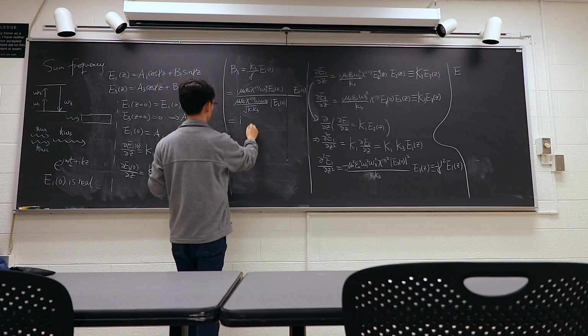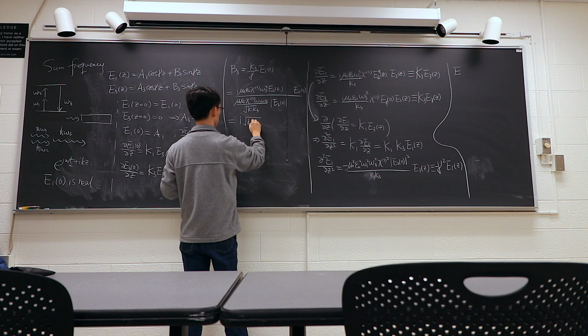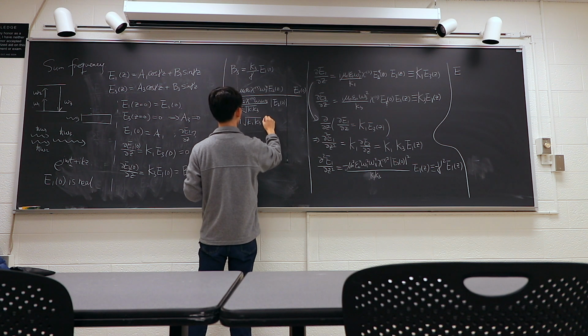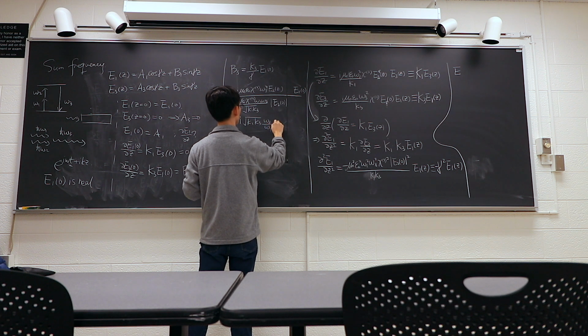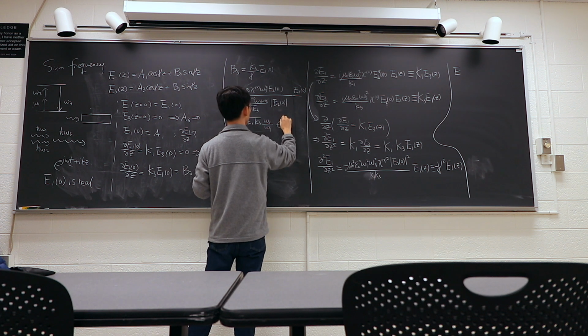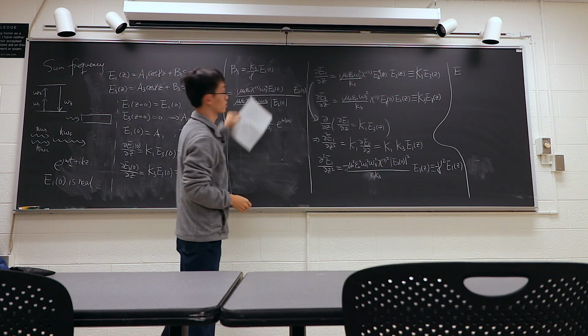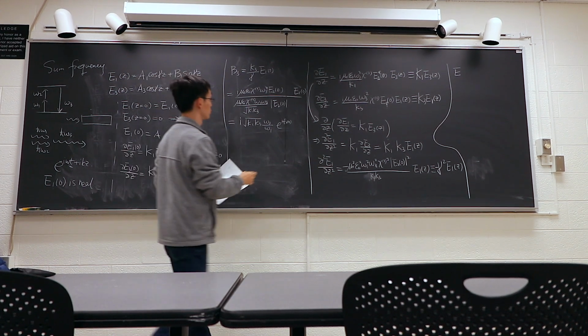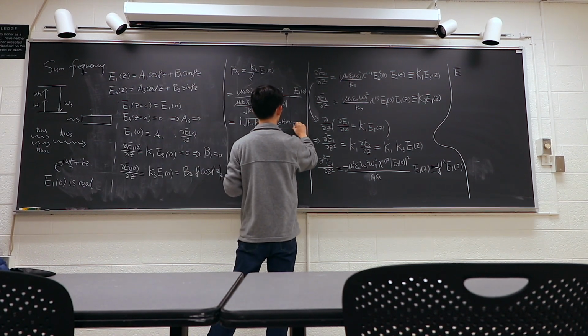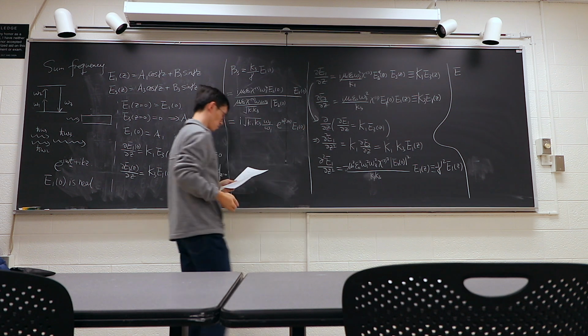You have K1, K3, omega 3, omega 1, the phase of each at 0 point. E2 divided by its amplitude gives its phase, right? And then E1 0.